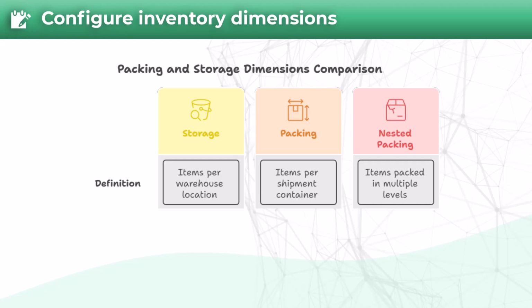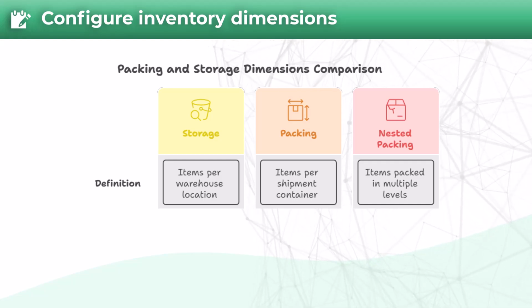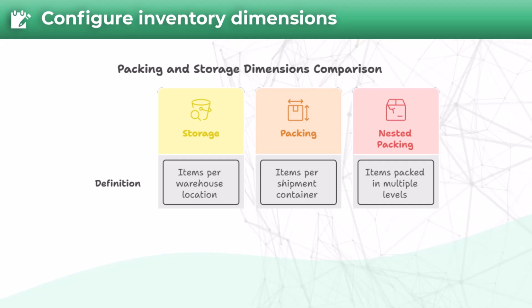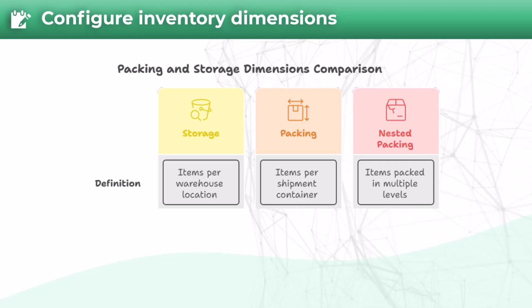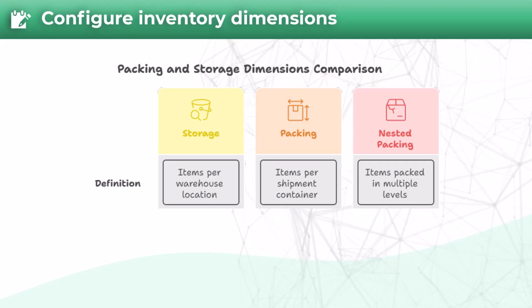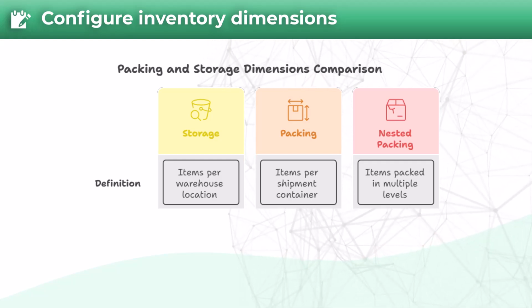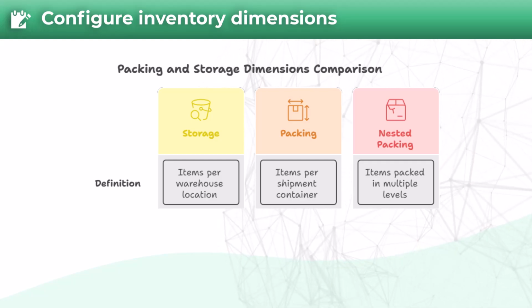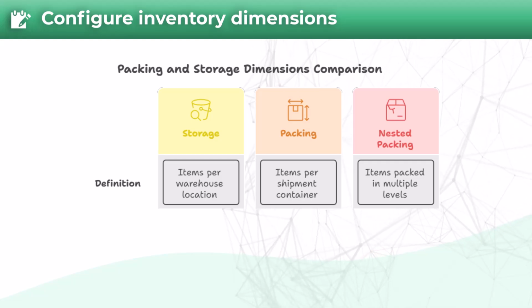Packing defines how many items fit in a container during shipment. Nested packing is useful when the items are packed in multiple levels, like a box inside a carton or a carton inside a pallet. This is where the packing and storage dimension is very much required.